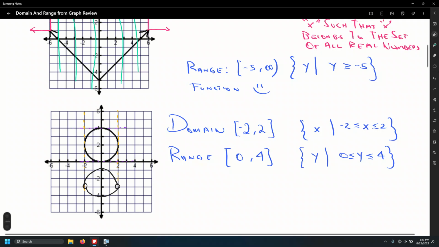However, we no longer include it. We would put parentheses around this because they're open circles. We don't include those values, as opposed to here. Essentially, we have a bunch of full circles on the edge of the circle. All right, that's what makes a huge difference here.